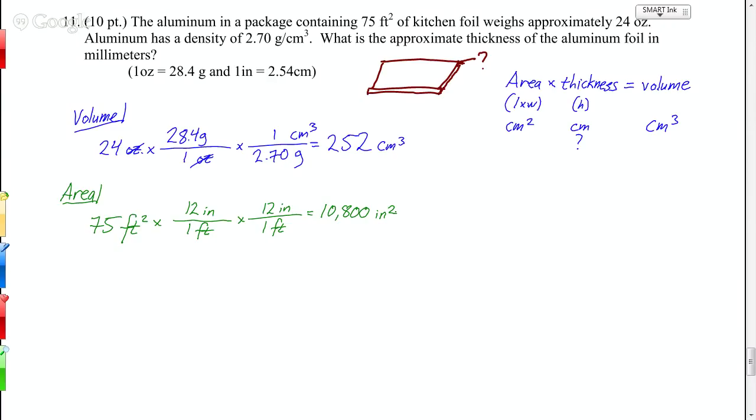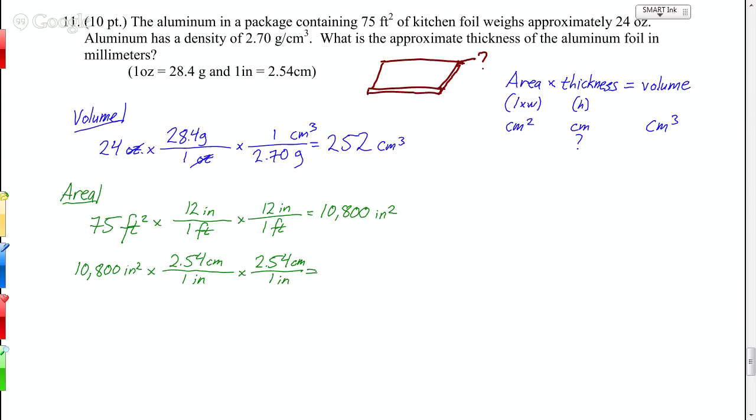All right. Now that we've got square inches, now we can put that into square centimeters, and we still have to be careful. We could have done this all in one big line if you like, but I didn't. So we're going to do the same thing here. 2.54 centimeters per inch and 2.54 centimeters per inch.